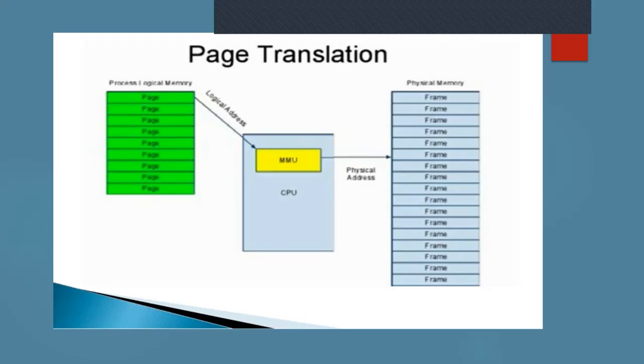Come on, I want all of you to interact. Don't stay mute. Unmute yourself and speak. If you want to explain, if you want to say something, unmute yourself and speak. What are pages and what is a frame?